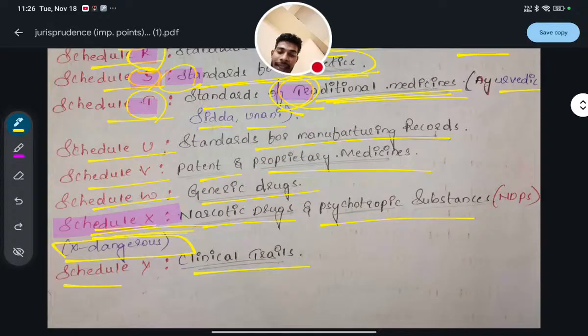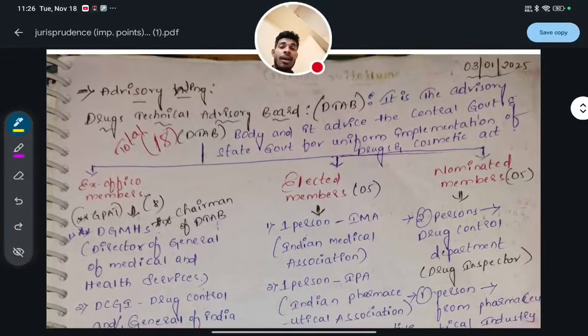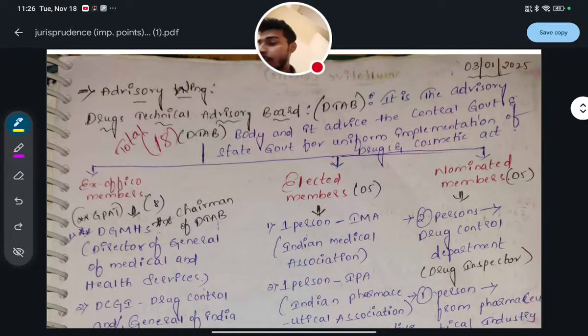Schedule Y, clinical trials. Okay, next we will see the advisory wings. How many wings are there? 3 wings. The first wing is the advisory wing. So the advisory wing, Drug Technical Advisory Board, DTAB.